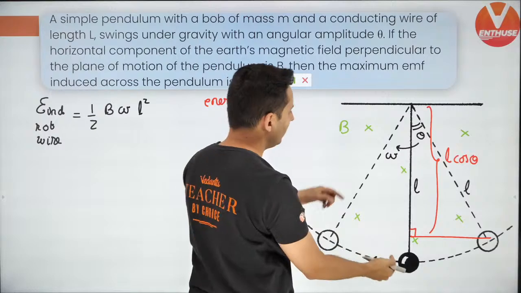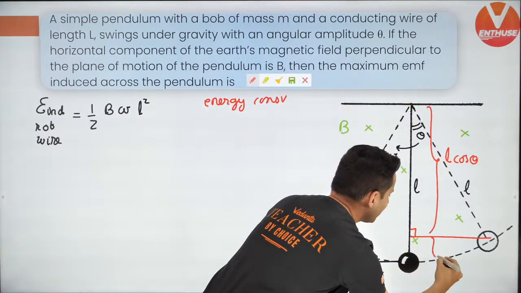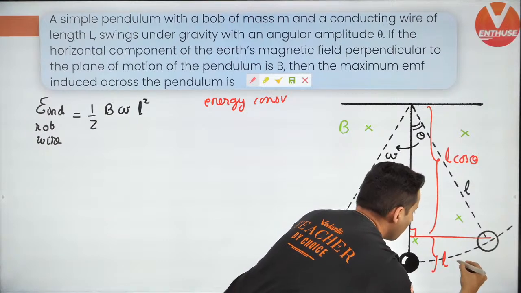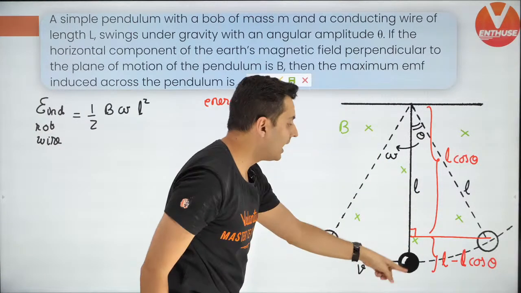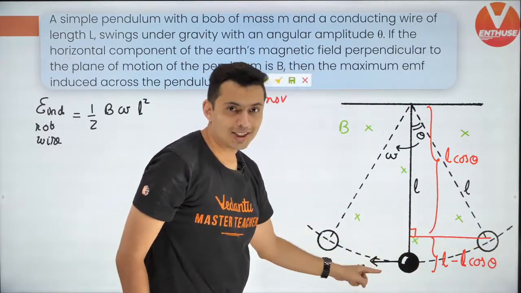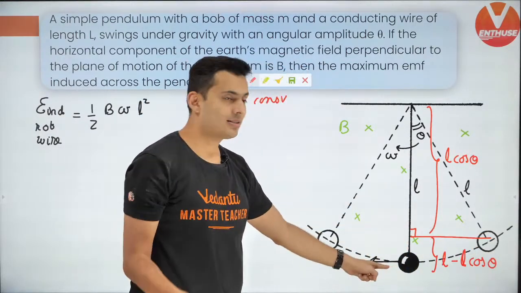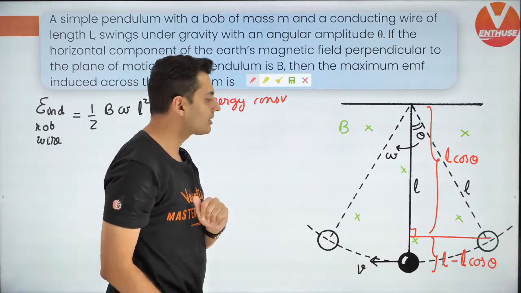And this much length is L, so how much is this? This is L minus L cos theta. That's the height difference. And because of that height difference, there is a potential energy loss, and that loss gets converted into the kinetic energy. I hope this is clear.